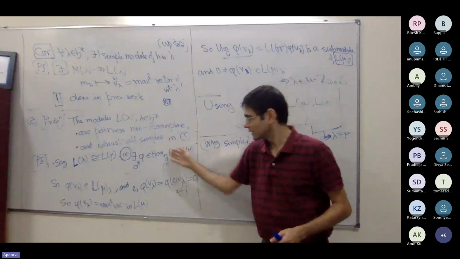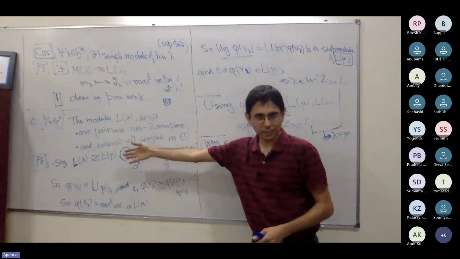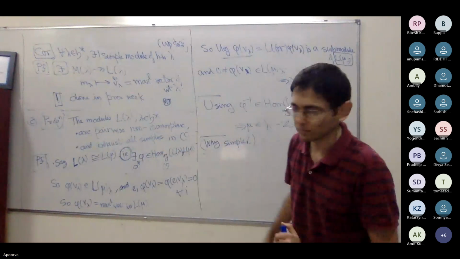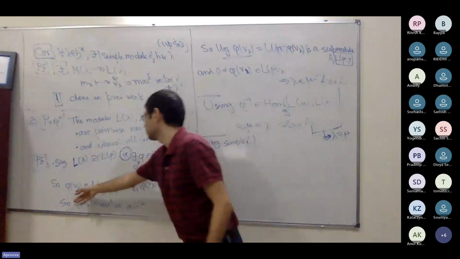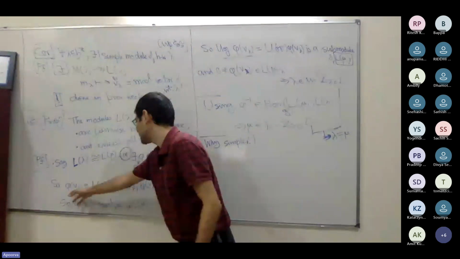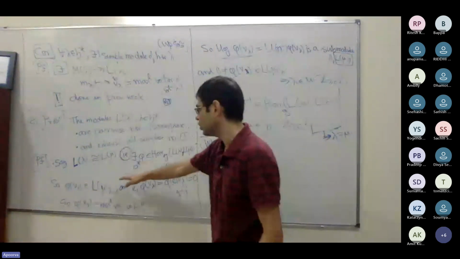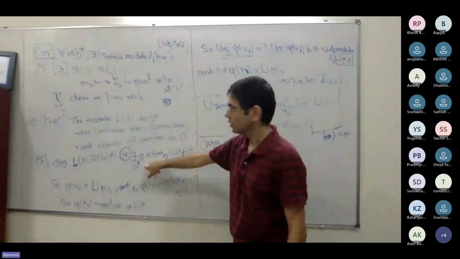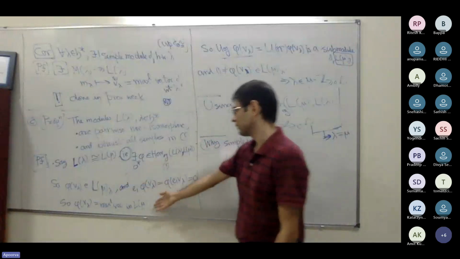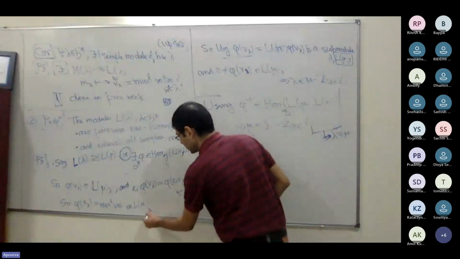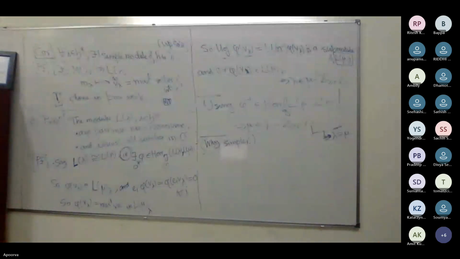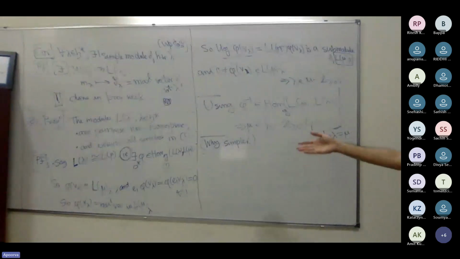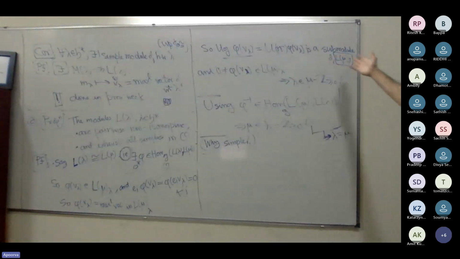Otherwise, the fact that a non-zero map is the same as an isomorphism isn't true for arbitrary modules. Then the generator of the highest weight vector cannot be zero because this map is not zero, and it of course maps to a maximal vector in here of weight lambda. But then that means that I think that was enough. I did not need to say all of this. I can use this.